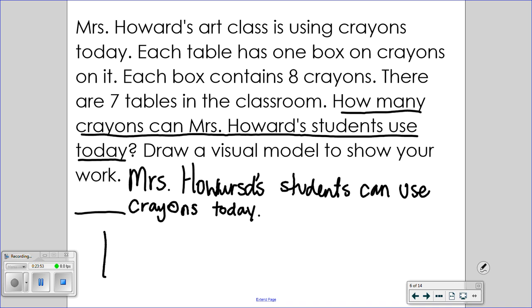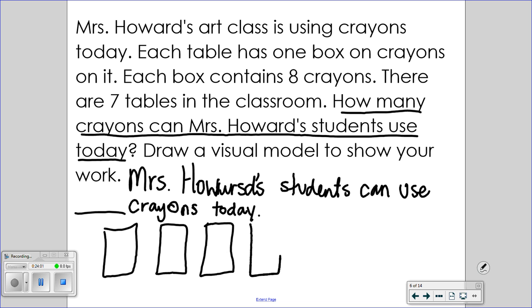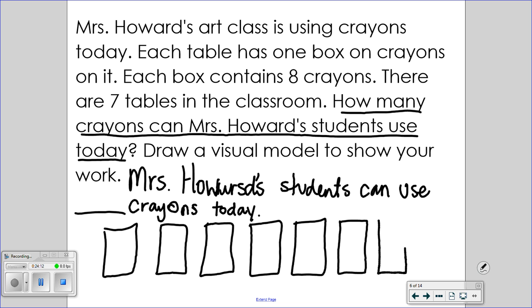So, is it okay if I draw rectangles and dots? Yes. Rectangles and dots are totally fine. Circles and dots are fine. 1, 2, 3, 4, 5, 6. Here are my 7 tables, or my 7 groups.